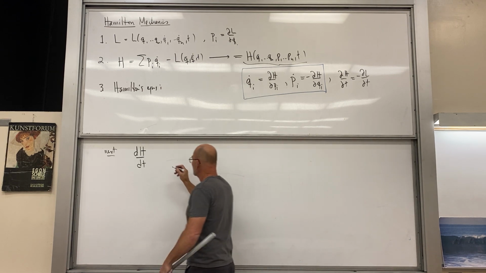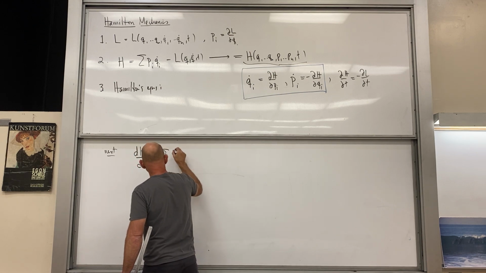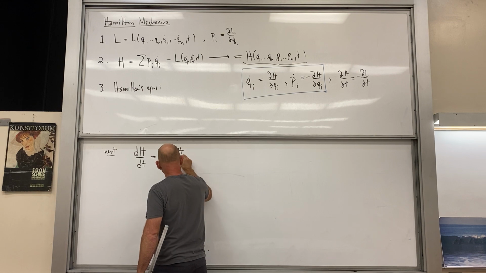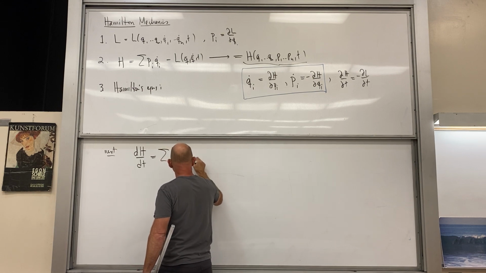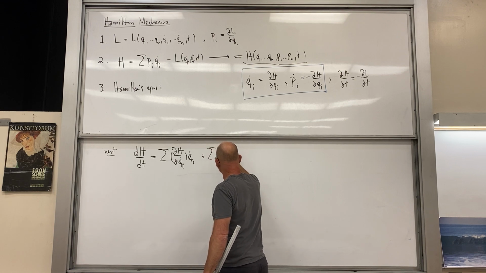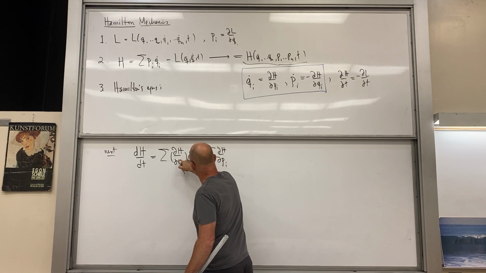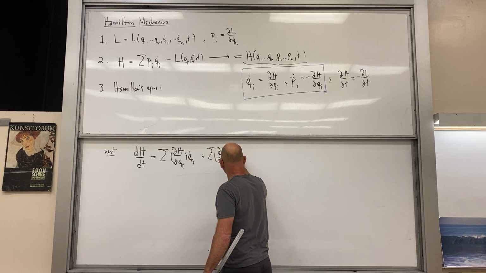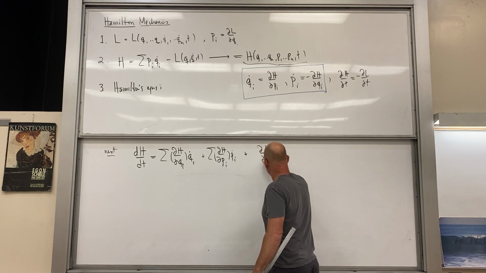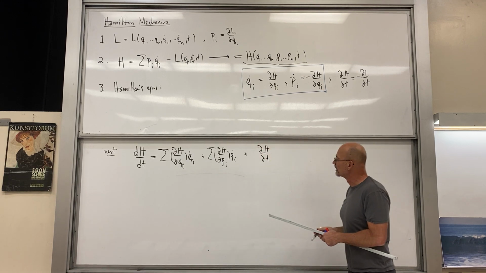So we'll just come out with the chain rule: the sum over partial H over partial q_i times q_i dot, plus the sum over partial H over partial p_i times p_i dot, plus partial H over partial t outside of the sums.